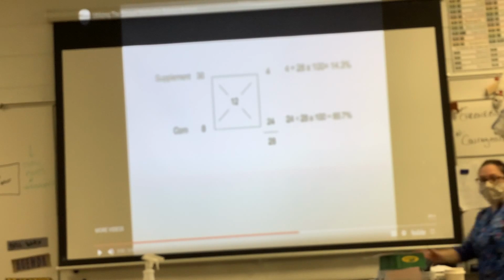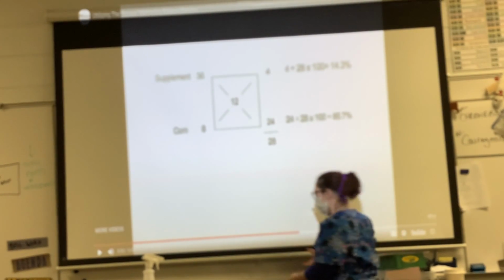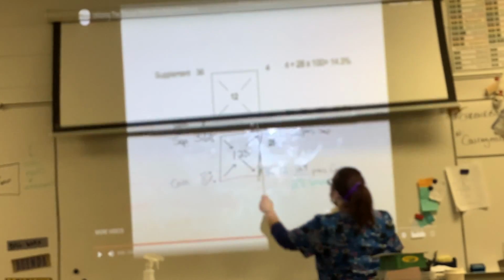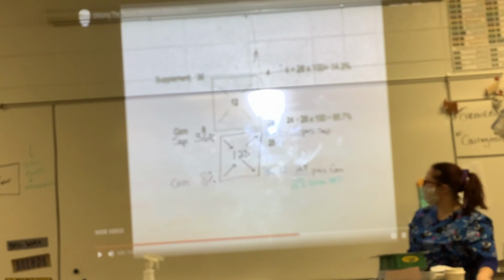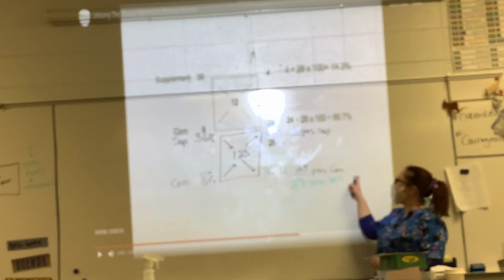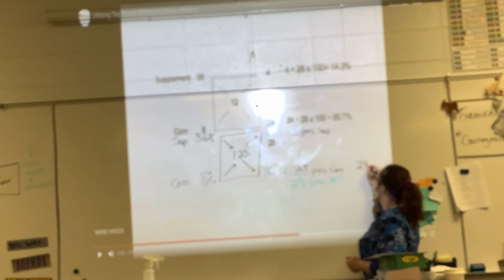Right, I got my total parts. So I know I need 28 total parts of this whole rigmarole of stuff. To figure out my corn percentage, 24 divided by 28.